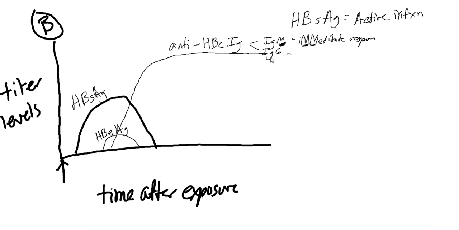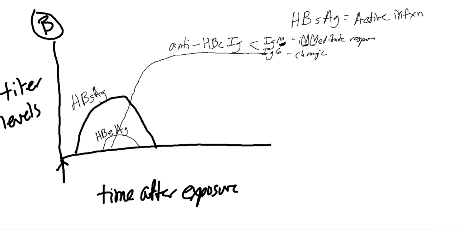Eventually, later on down the road, you'll isotype switch to IgG. So that's going to be more of like a chronic or long term. I'm just going to write chronic. Just remember that's long term. Immediate is going to be IgM. Long term, you're going to produce isotype switching to IgG antibodies. So you're going to be producing some anti-HBC antibodies.